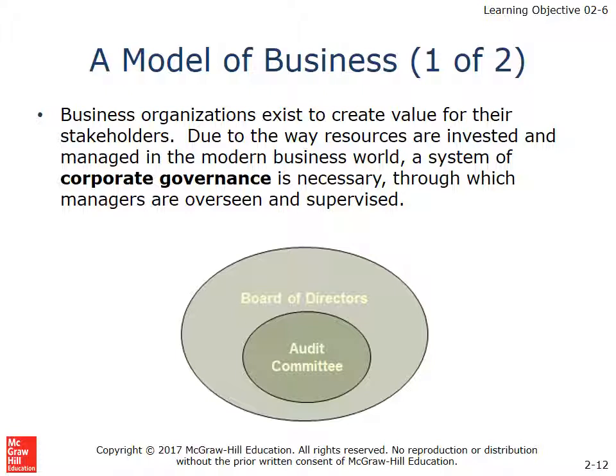Most owners, like sole proprietors or partners, are in control of the investment they made into the company, but stockholders are not. So they elect a group of individuals to oversee the company, make sure the company is using their resources properly, and that's the board of directors.